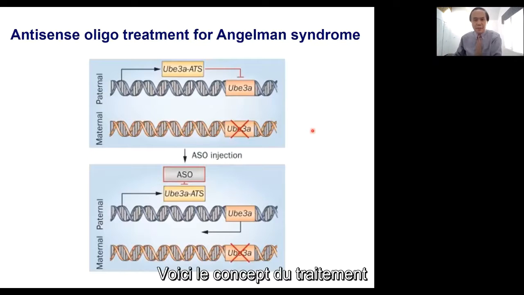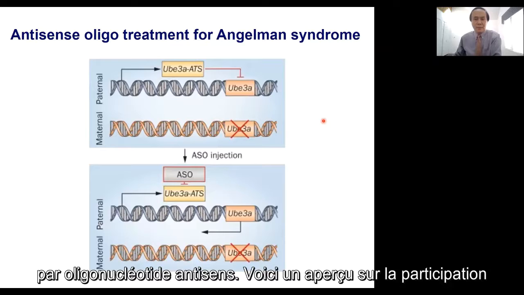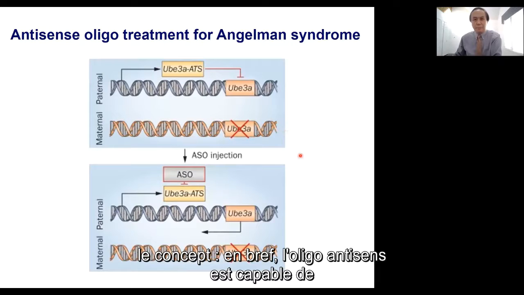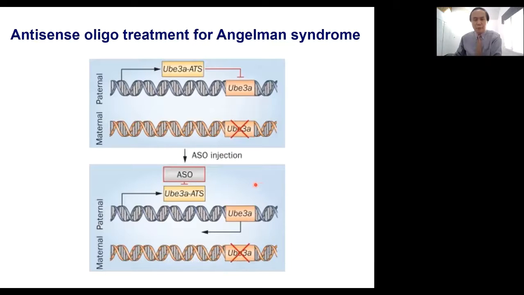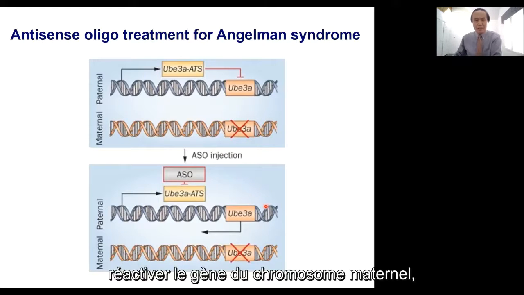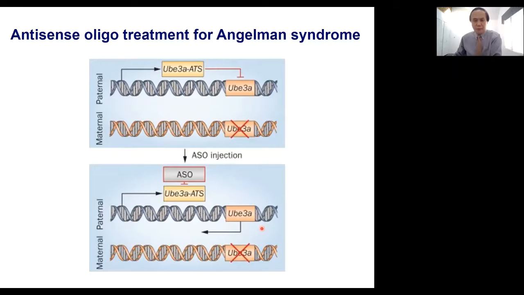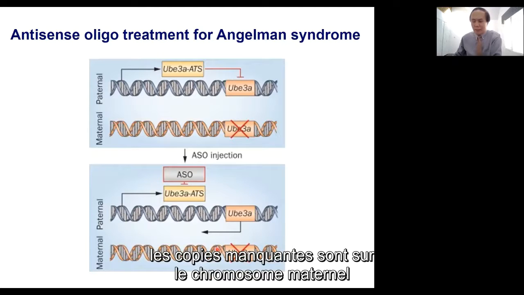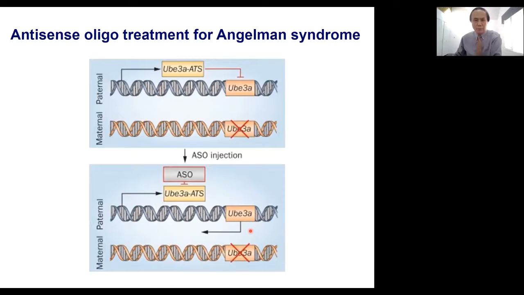Here's the concept for antisense oligo, ASO treatment. Some of your parents are participating and also familiar with the concept. Basically, the antisense oligo is capable of reactivating the gene on the paternal chromosome, because in almost all patients, the missing copy is on the maternal chromosome.